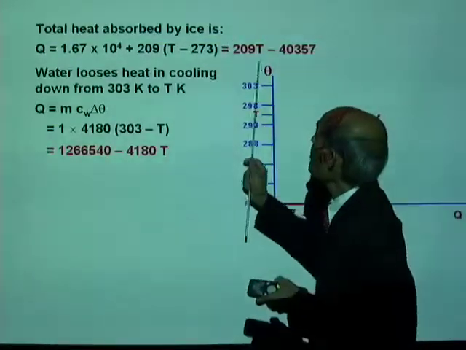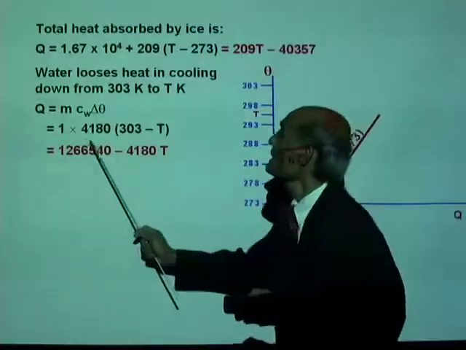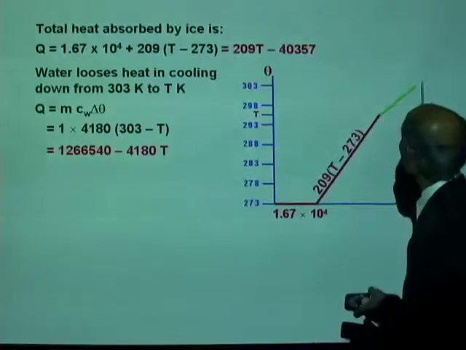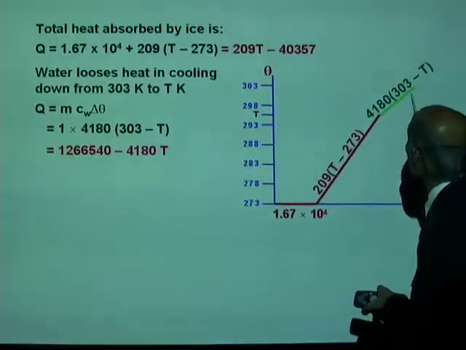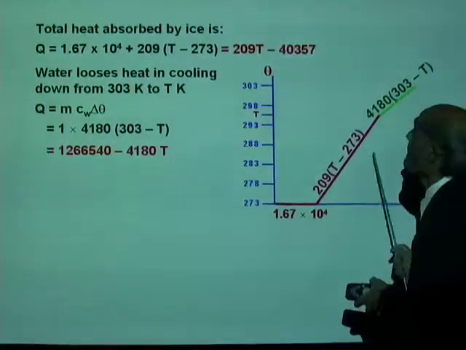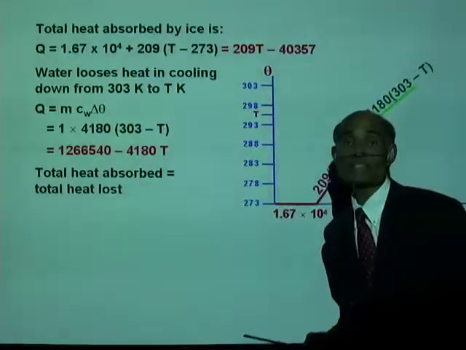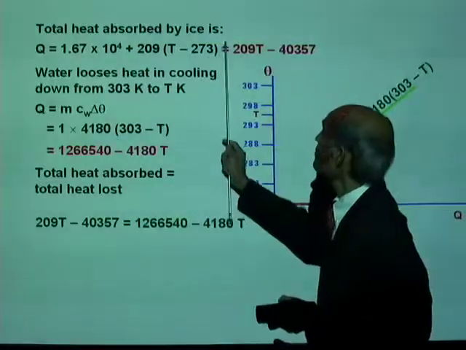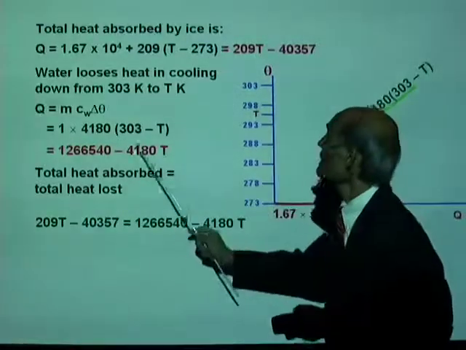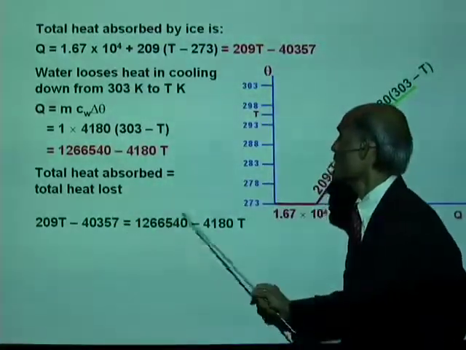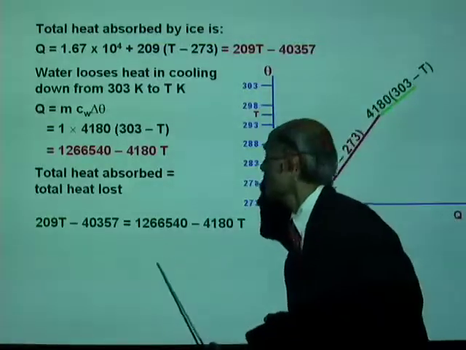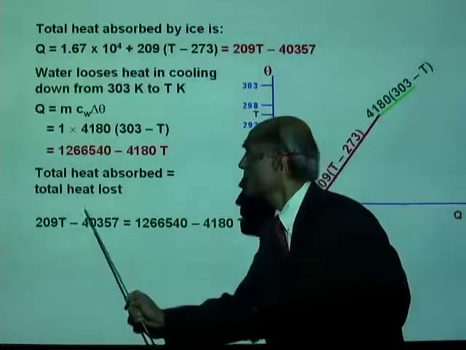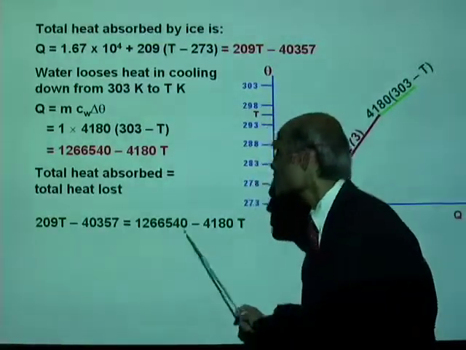And now what do we do? The total amount of heat absorbed equal to the total amount of heat lost. Well, this is the amount of heat lost by the hot water. The total heat absorbed equal to total heat lost. That means this quantity equal to this quantity. What you need to do is combine terms containing T, move this to the left and move this number to the right.